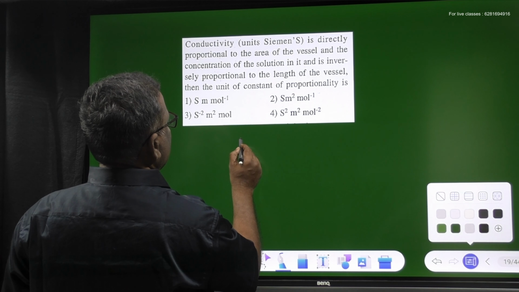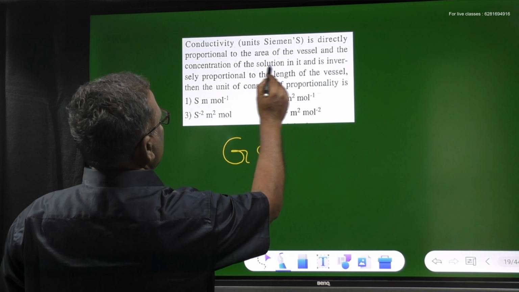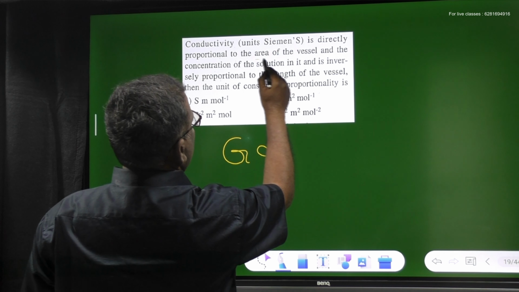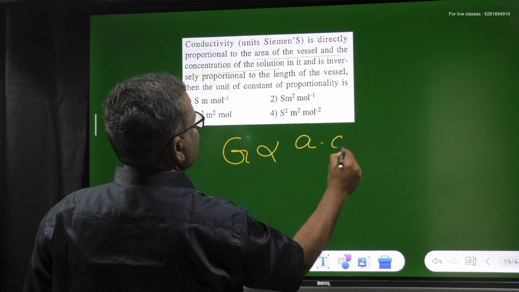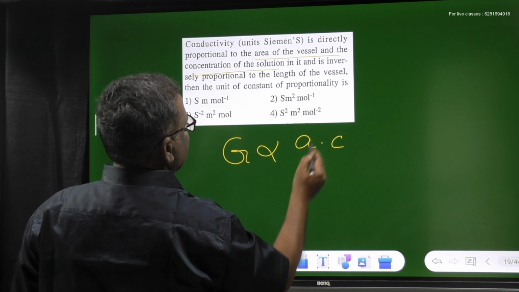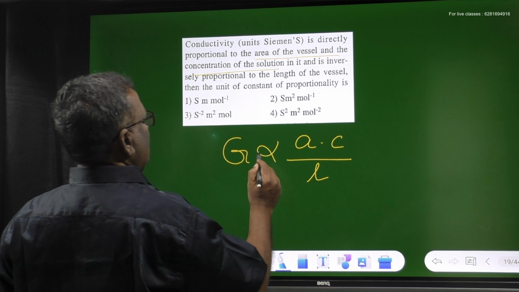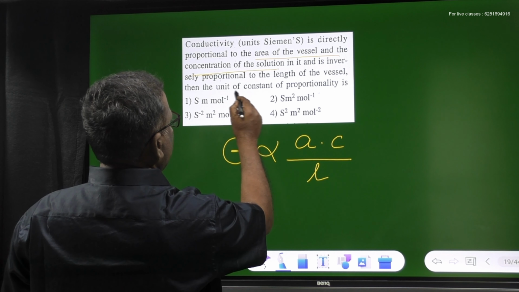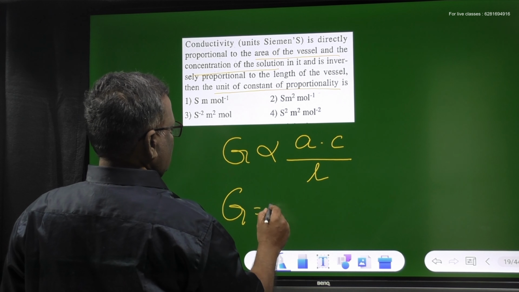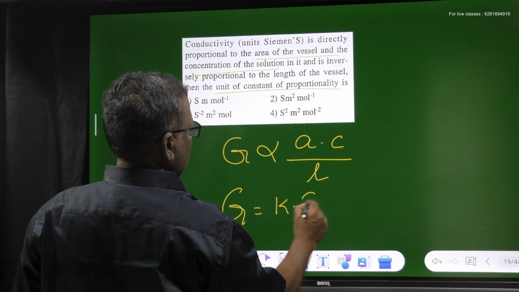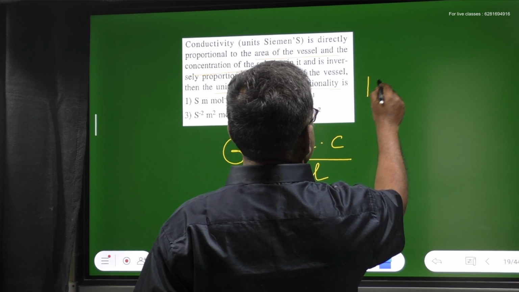Let conductivity be denoted with G. G is directly proportional to area of the vessel A and concentration of the solution C, and inversely proportional to length of the vessel L. So G is equal to K into AC by L. Now they are asking the units for K.